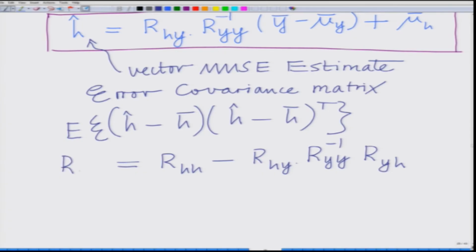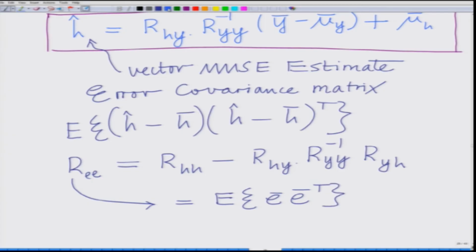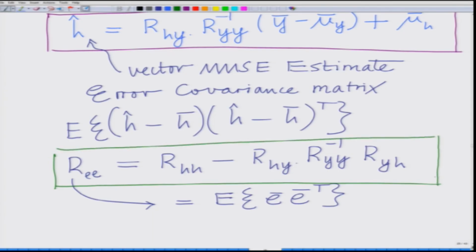This is your error covariance matrix. You can also call this R E E, which is equal to the expected value of E bar times E bar transpose, where E bar is the estimation error. That is basically your corresponding error covariance matrix for the vector scenario.